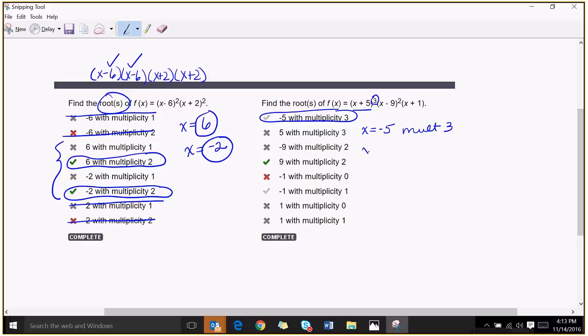That'll be x equals 9 with a multiplicity of 2. And so that is right down here. Oh, this is much easier now. Okay. And what about the last one? The last one is x equals negative 1 with a multiplicity of 1, because it only appears one time. Good? Yes. All right, good.